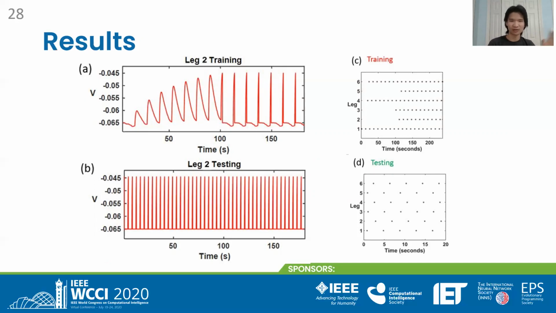So if we show a new gait to the robot, it will be able to imitate that more easily because it already got trained on the previous gait in part C. This is how the voltages in figures A and B correspond to the walking gaits that you see in figures C and D.